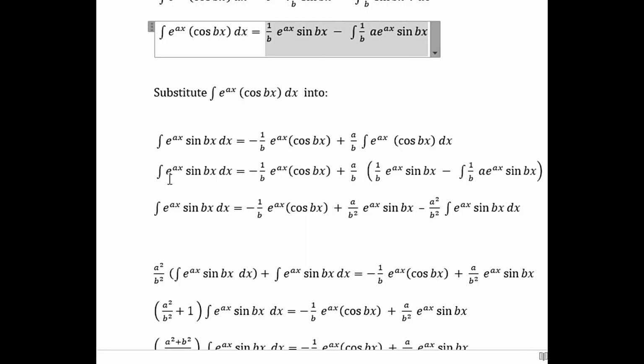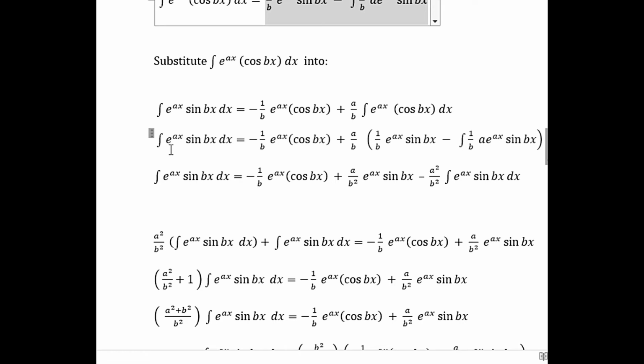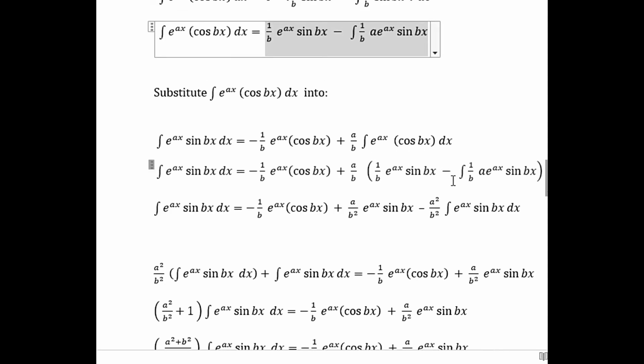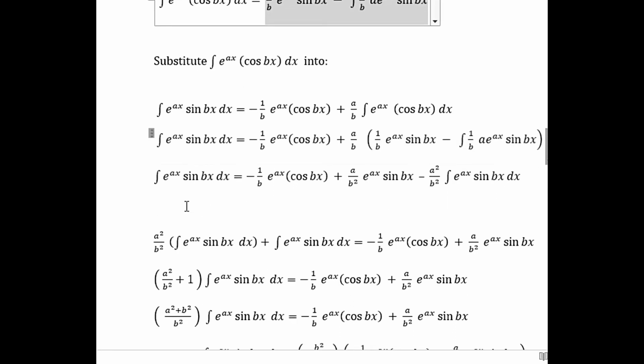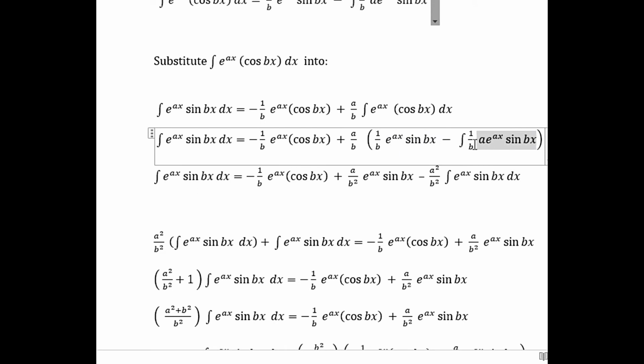So we get the integral of e to the ax sin bx dx equals negative 1 over b e to the ax cos bx plus a over b in brackets 1 over b e to the ax sin bx minus the integral of a over b e to the ax sin bx. So we just expand both of these expressions.